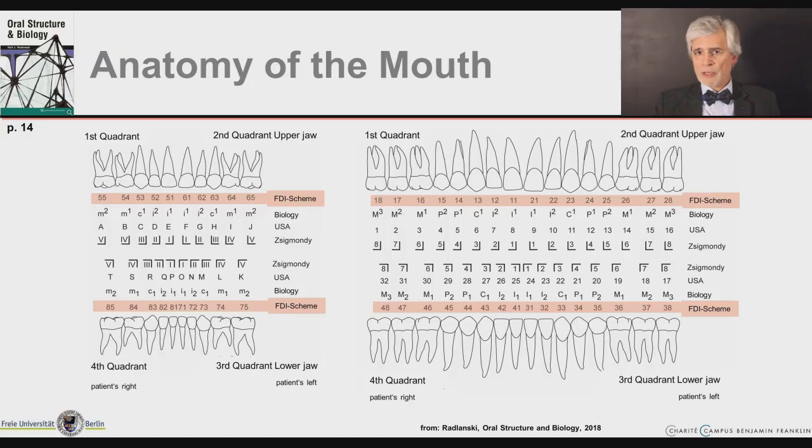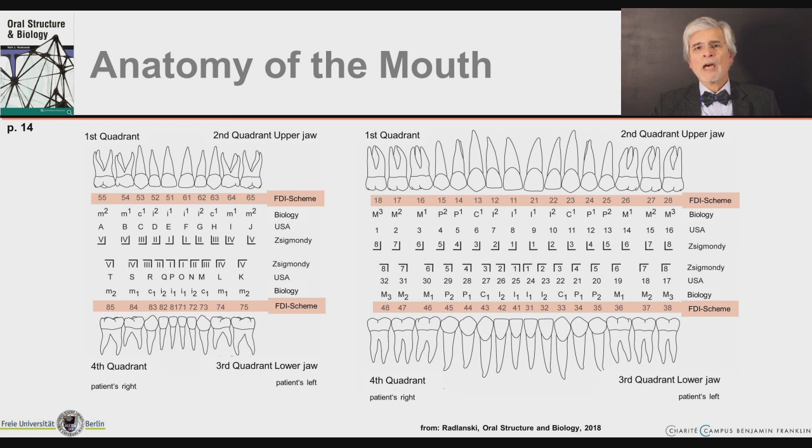Here is another diagram. We will not go through each individual tooth in this lecture. For that, I again recommend that you rather read through it yourself at your leisure. But before that, I would like to clear up some confusion about the numbering of the teeth.